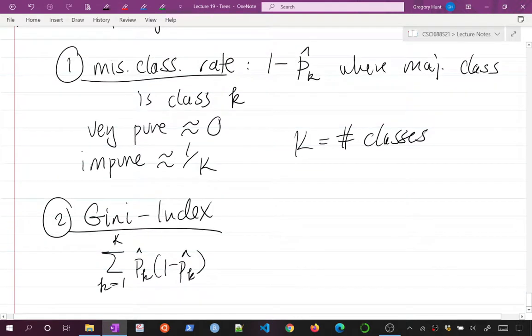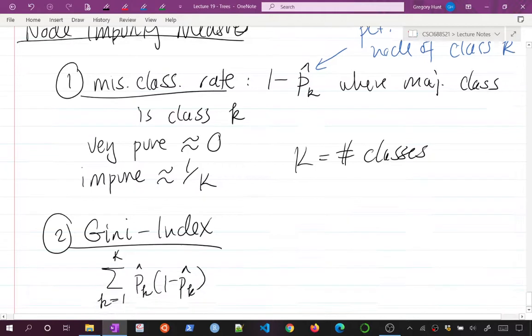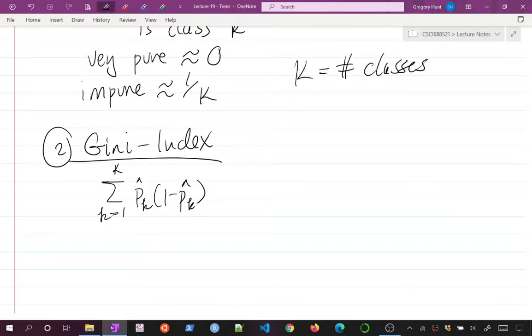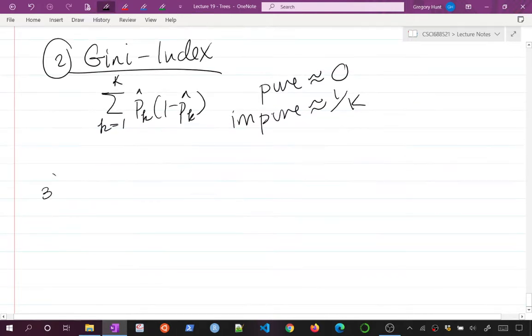So pk hat here is, sorry, I should explain that, the percentage in the node of class k, in my training data of class k in my node. So this is called the Gini index, and again, if we have a very pure node, the Gini index is about 0. And if we have an impure node, it's again about 1 over K. And you can think about why that would be for that case.